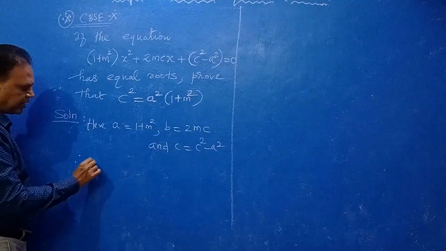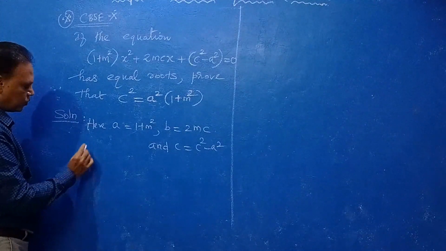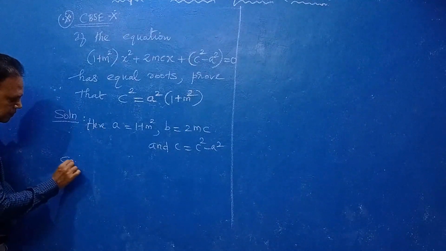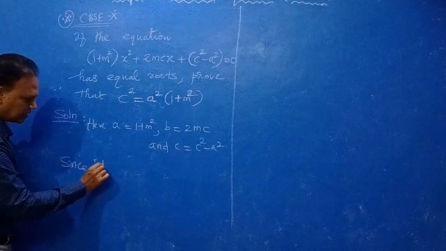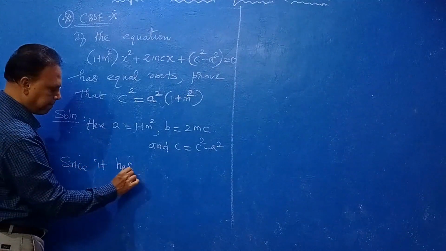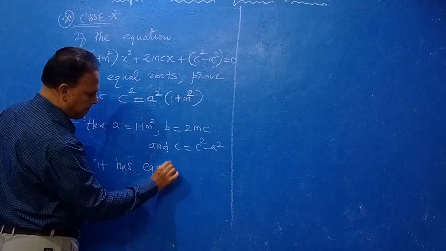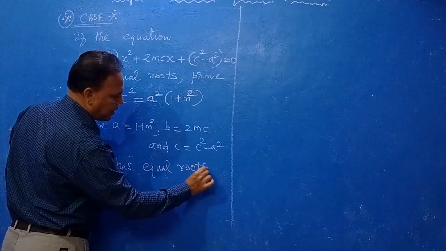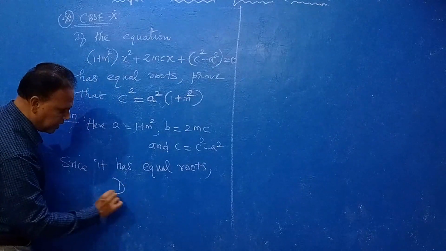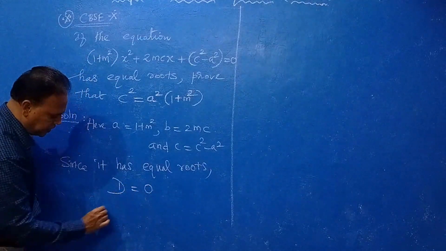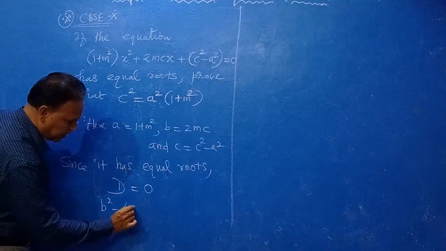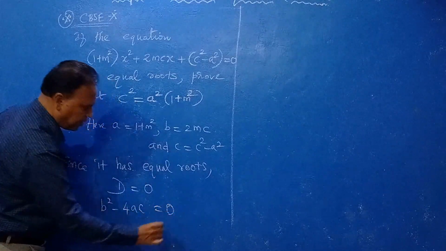Therefore, D equal to 0, since it has equal roots. What is D? b squared minus 4ac equal to 0.